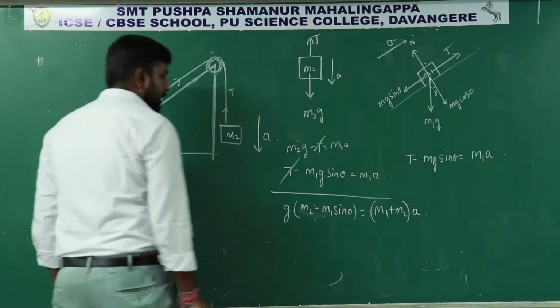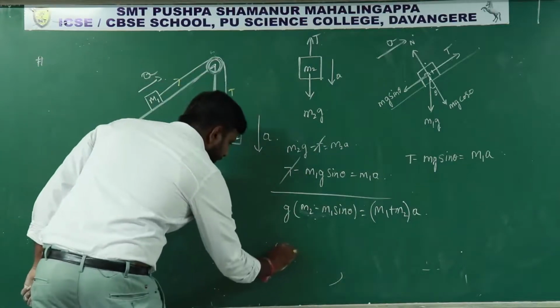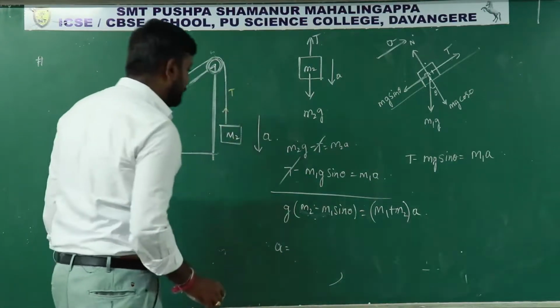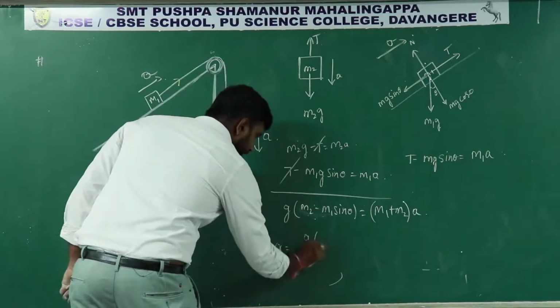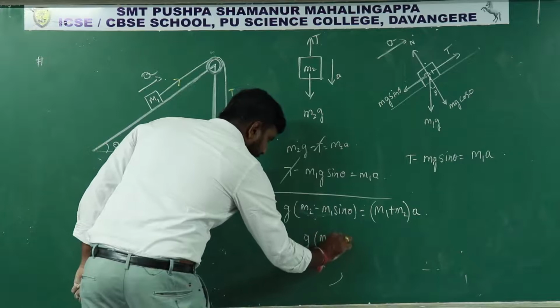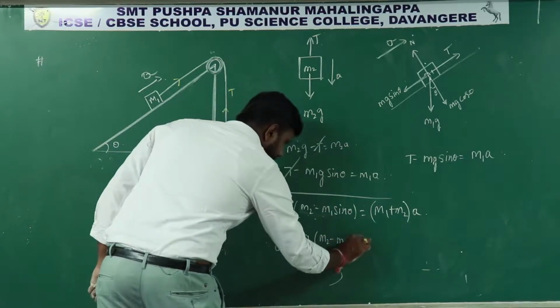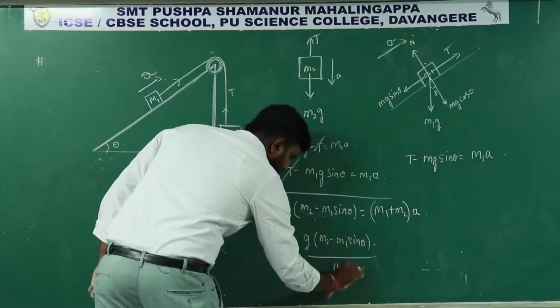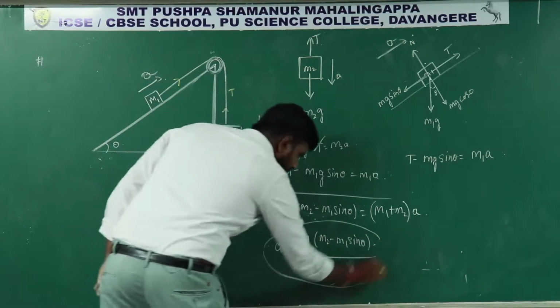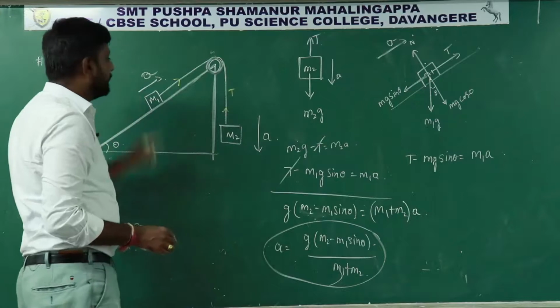Then the acceleration of the system, a, is equal to g times m2 minus m1 sin theta divided by m1 plus m2. This is the acceleration of the system.